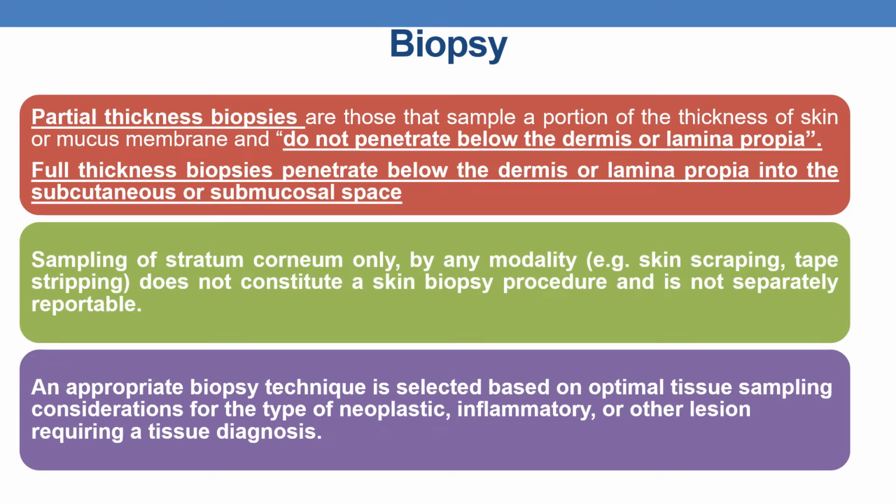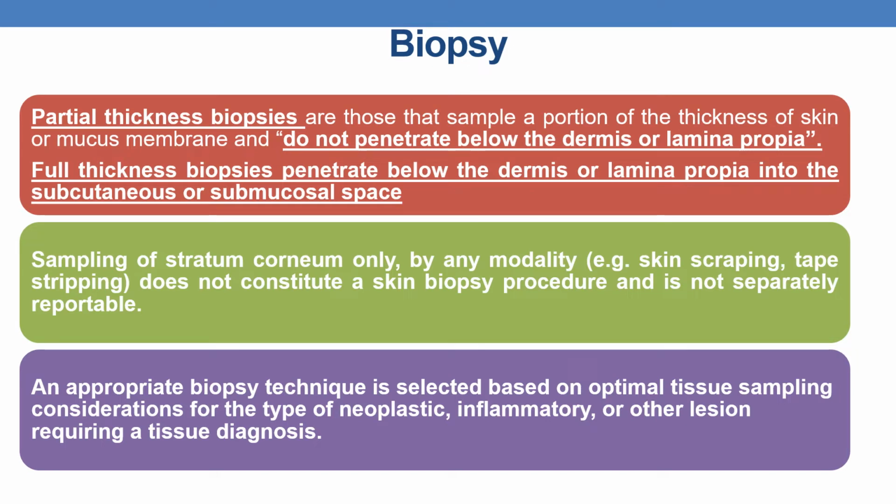The next point is partial thickness biopsies and full thickness biopsies. What are partial thickness biopsies? Partial thickness biopsies are those that sample a portion of thickness of skin or mucous membrane and do not penetrate below the dermis or lamina propria.